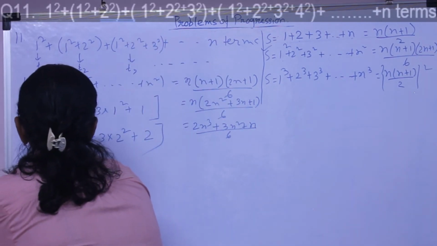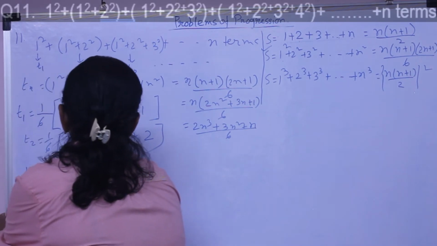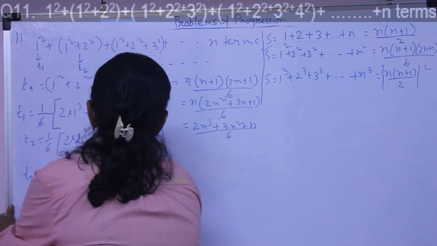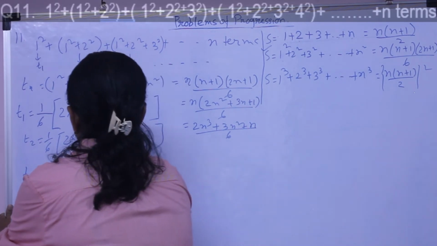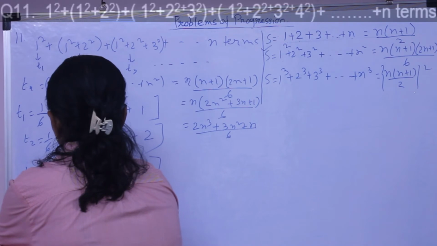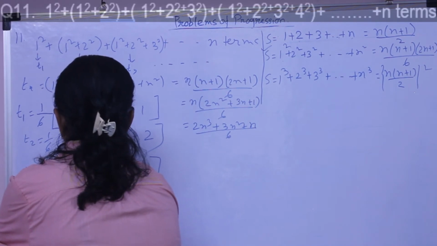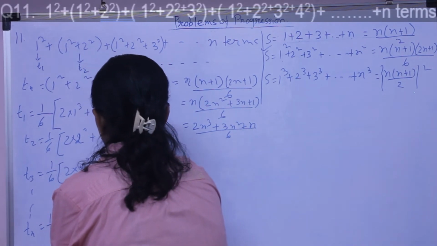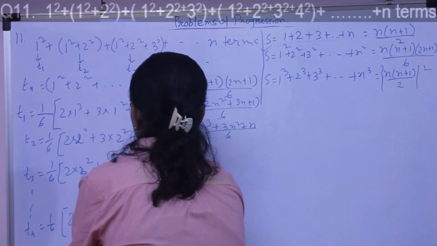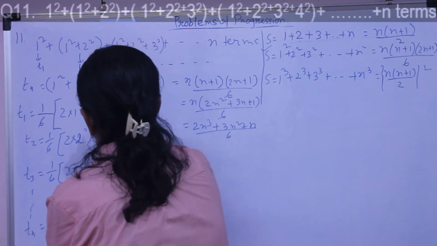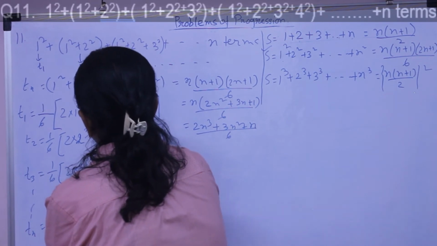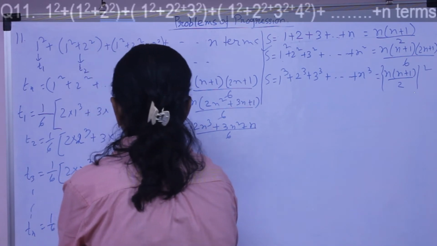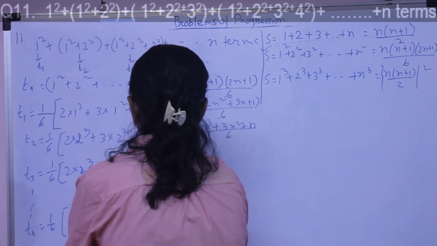T3 equals 1 by 6, 2 multiplied by 3 cube plus 3 multiplied by 3 square plus 3. And for the nth term, Tn equals 1 by 6, 2n cube plus 3n square plus n.